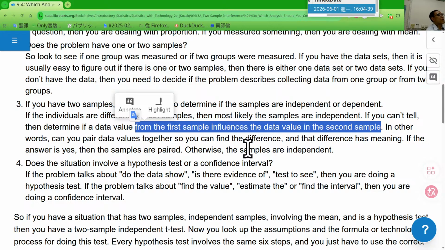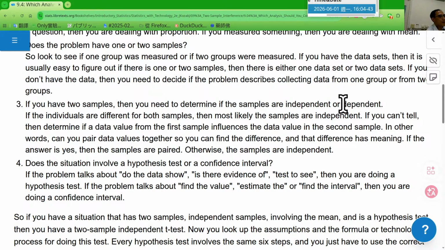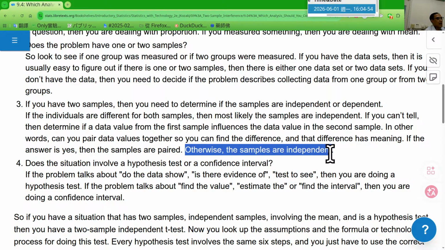So that is dependent. And this time we use the paired t-test, but otherwise the samples are independent. Dependent or independent, they are academic terms, terminology. But here I try to explain this in an easy way.